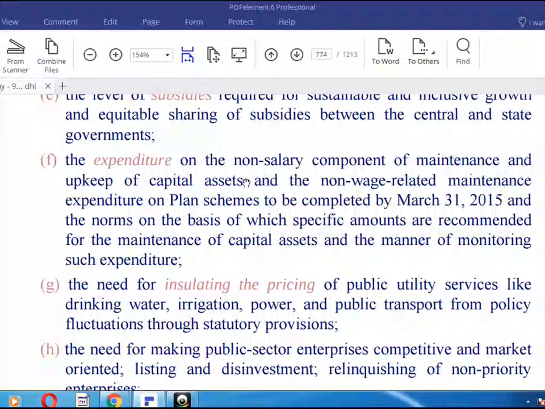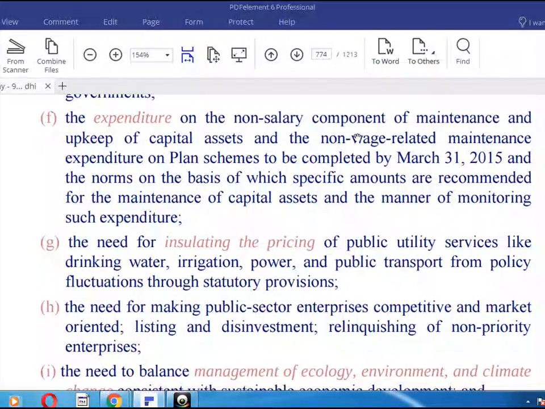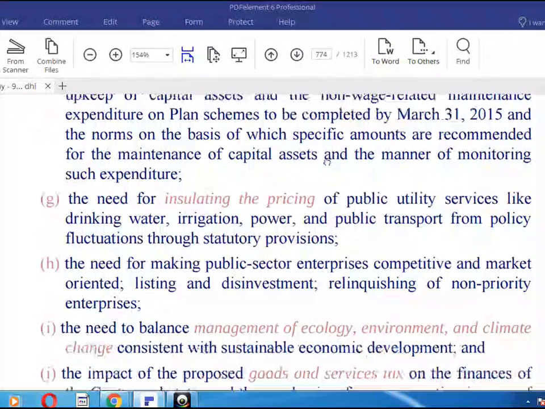The expenditure on the non-salary component of maintenance and upkeep of central capital assets, and the non-wage related maintenance expenditure on plan schemes to be completed by March 31, 2015, and the norms on the basis of which specific amounts are recommended for the maintenance of capital assets, and the manner of monitoring such expenditure.